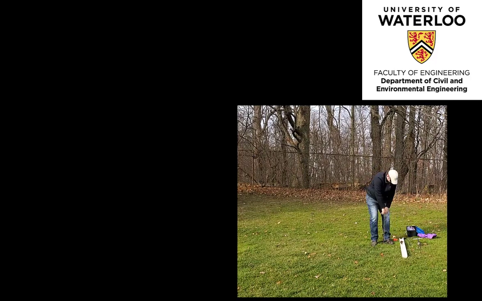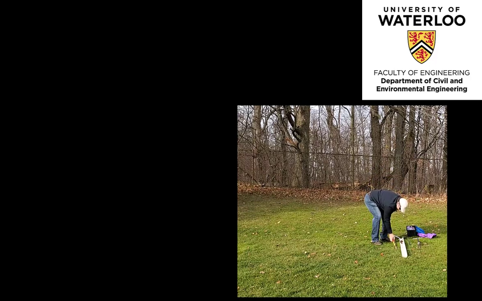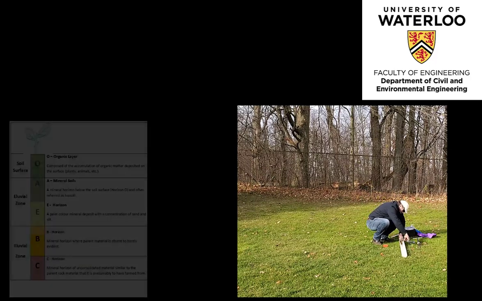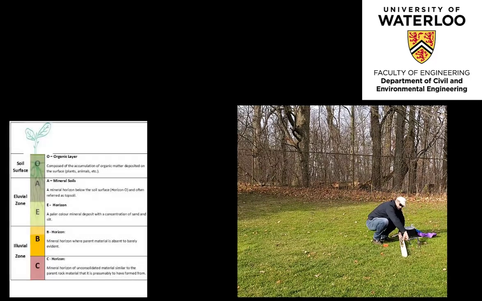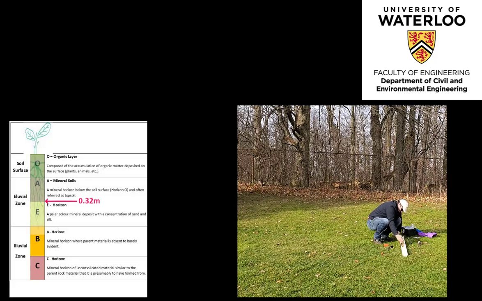The core auger was further advanced into the soil profile, here between 25 and 52 centimeters below ground surface, recovered and also extruded. The contact between the A horizon and the E horizon in this case was noted at the 32 centimeter below ground surface location.